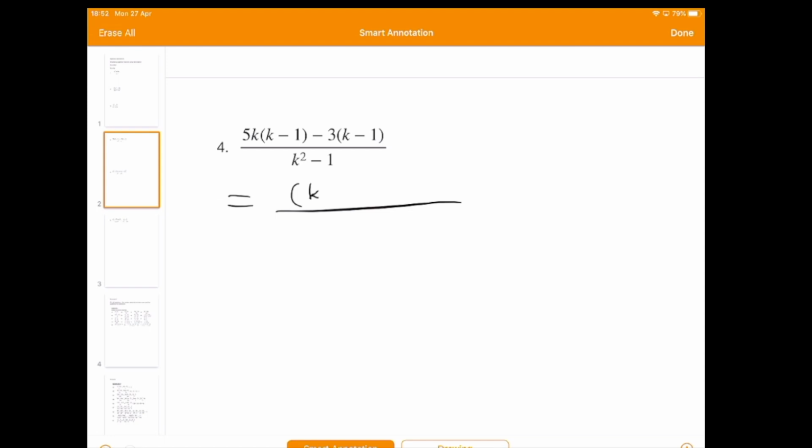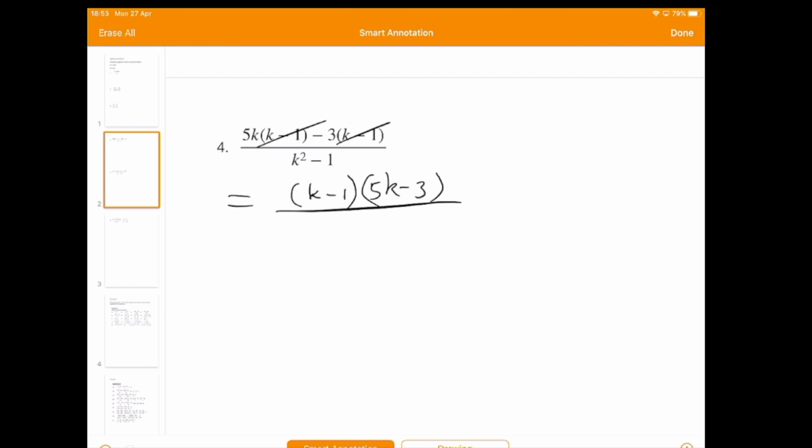So k minus 1 is common, so we take it and write it out there on its own, inside its own bracket. Now, when k minus 1 is taken outside, we remain in there now with 5k minus 3.